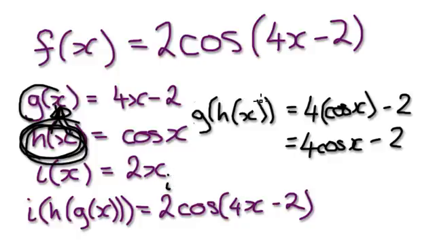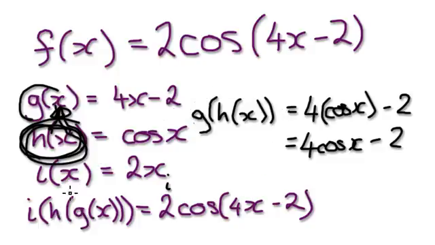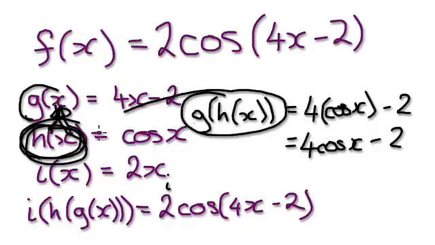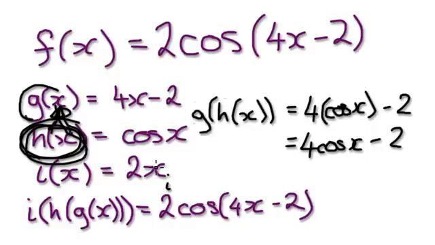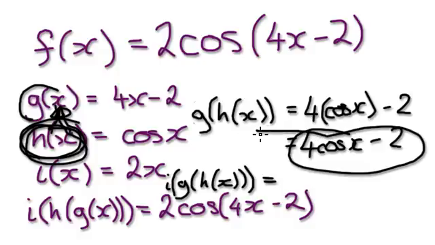Okay. Now we're going to put it into the i. So now we're going to put the whole thing here into this i here. Well, we are going to put this into here now. So now it's going to become i of g of h, and then close it off, close it off, close it off. So now we are putting this whole thing here into the i here.